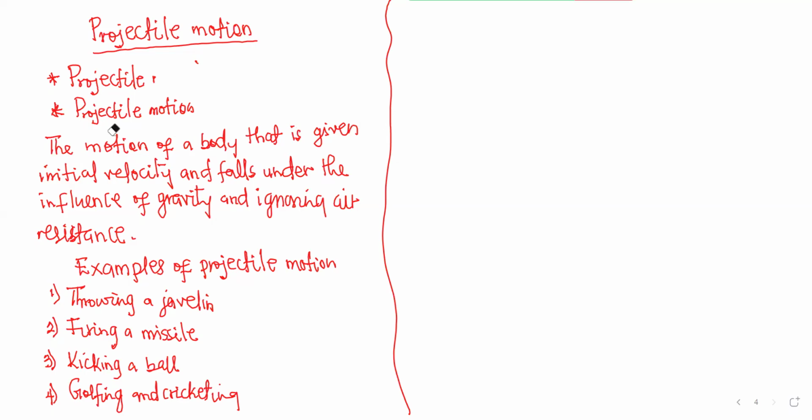Now, in projectile motion, there are key assumptions. The first assumption in projectile motion is that air resistance must be neglected. That is why I said athletes will not throw the javelin when it is windy.